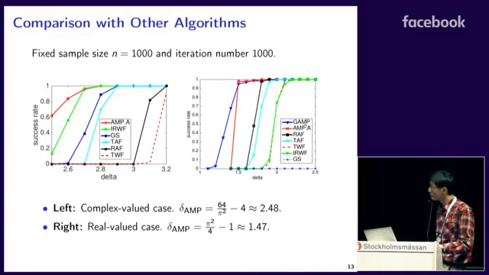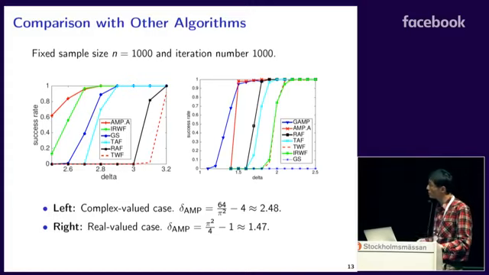The left-hand side is the figure for the complex-valued case, and the right-hand side is the real-valued one. An algorithm can be considered better if it has a higher success rate for a fixed delta, or if it can succeed for smaller delta, because that means a smaller sample size.